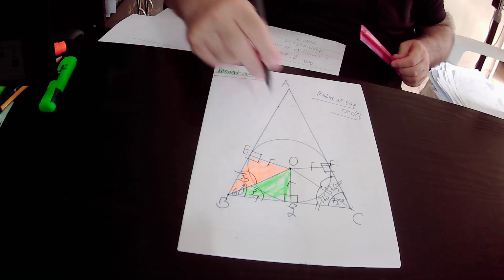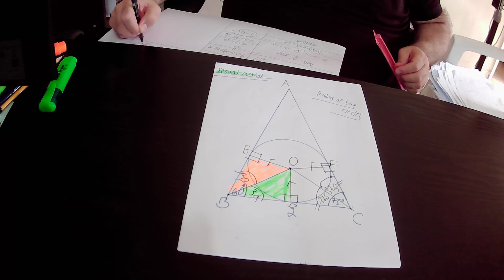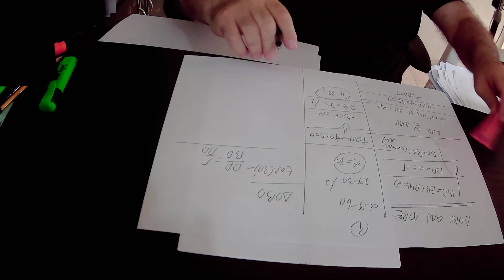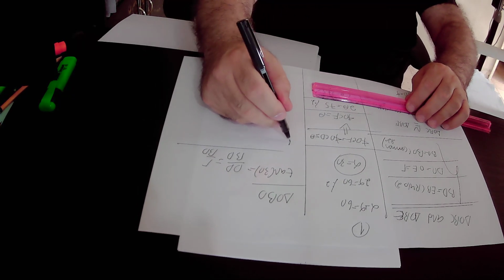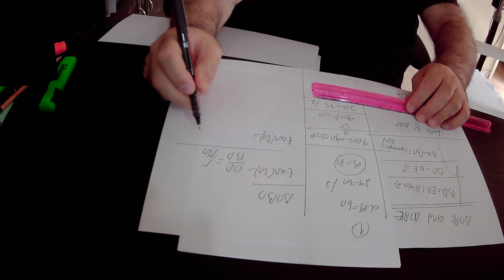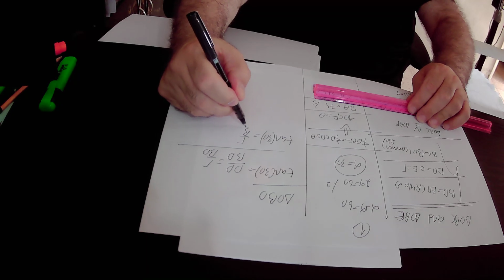OD equals R, so we substitute OD by R. So here we found out that tangent 30 degrees equals R over BD.